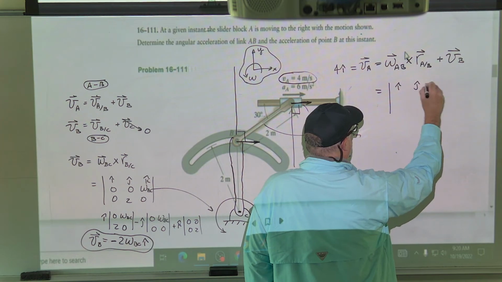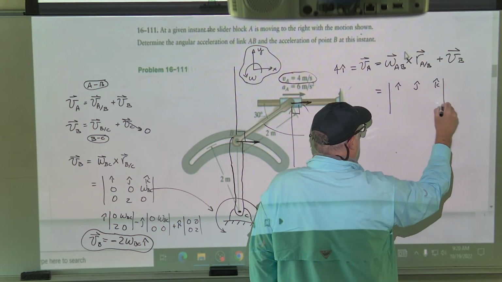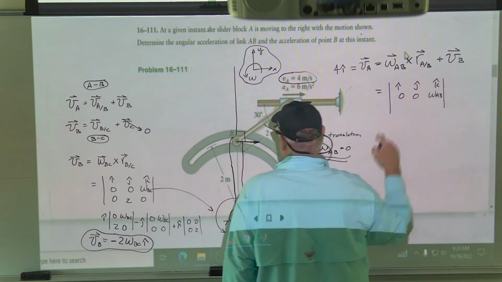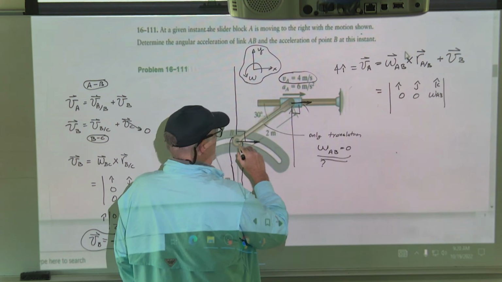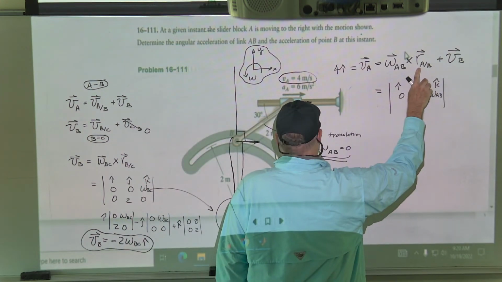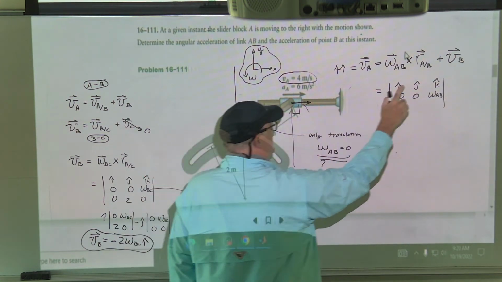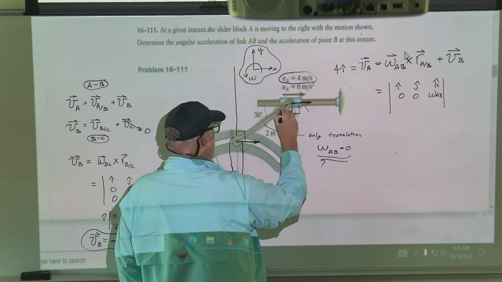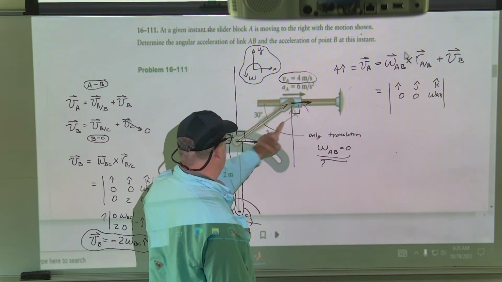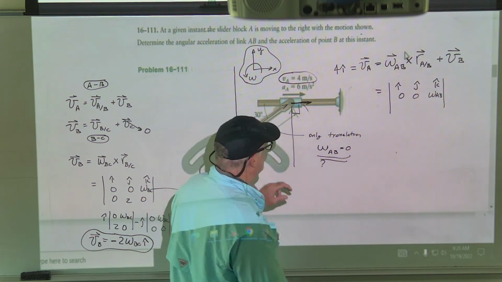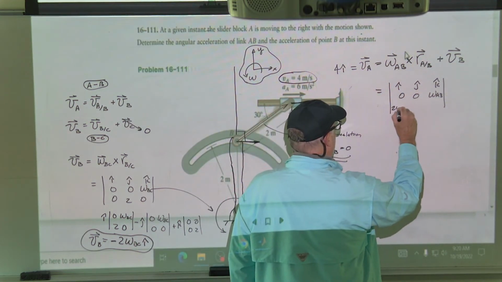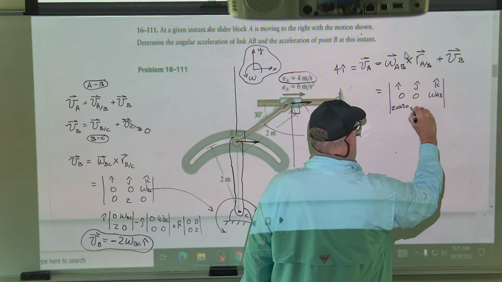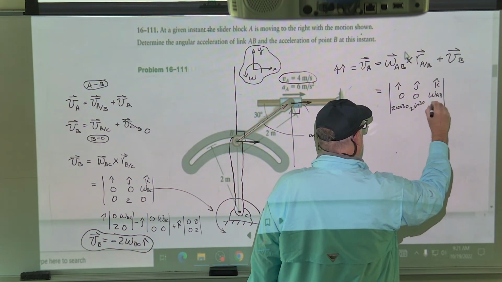I, J, K. And now the vector. The vector that points to A, and it originates from B. It's 2 meters cosine 30, and 2 meters sine 30, and nothing.